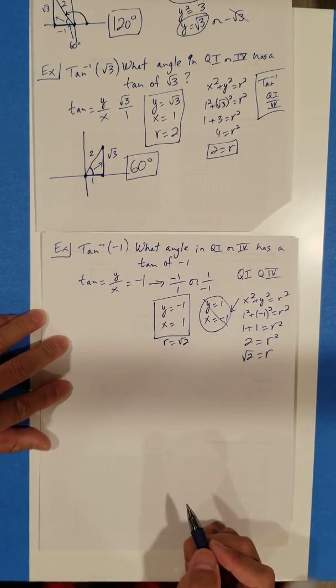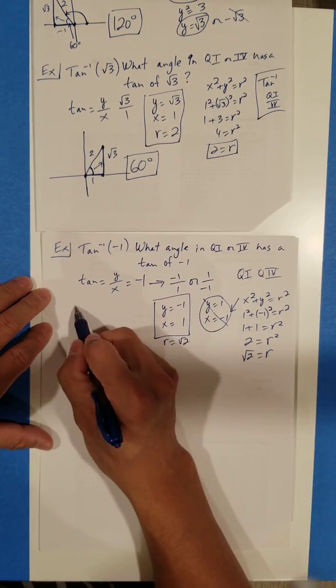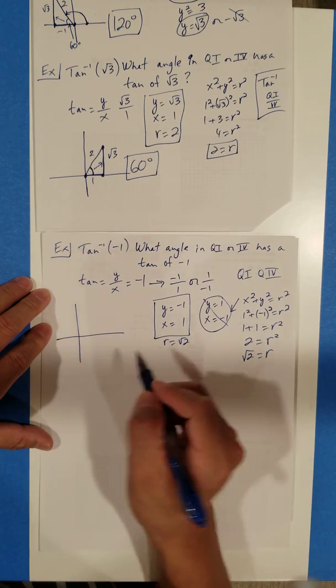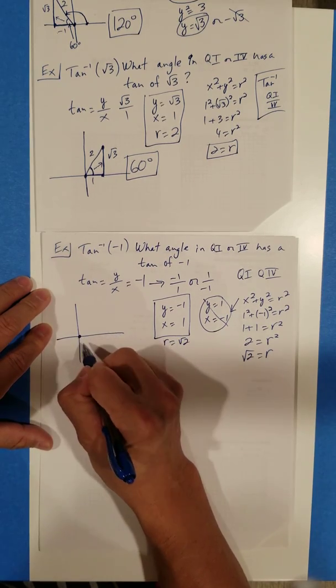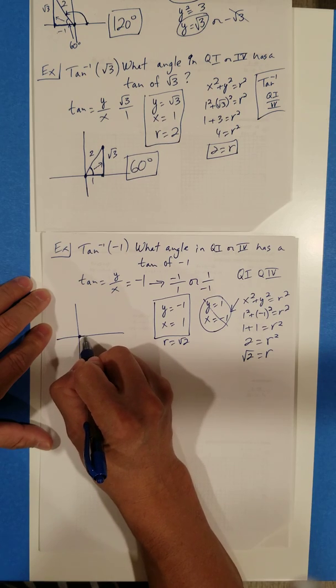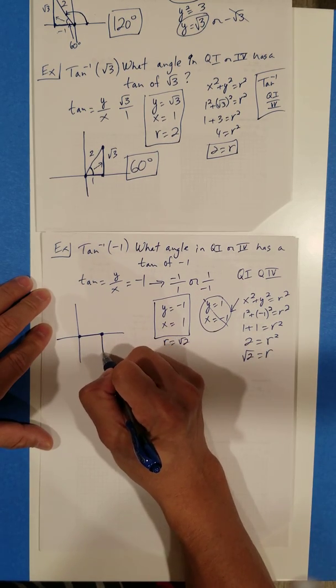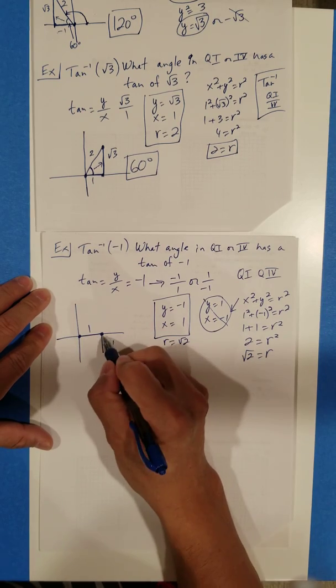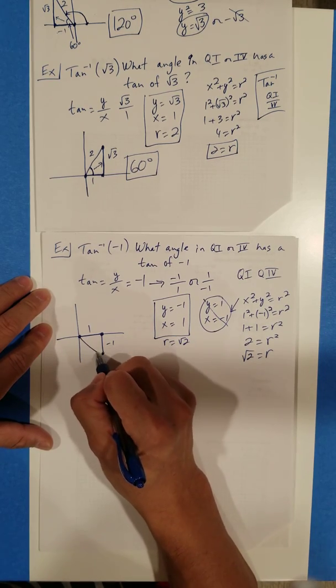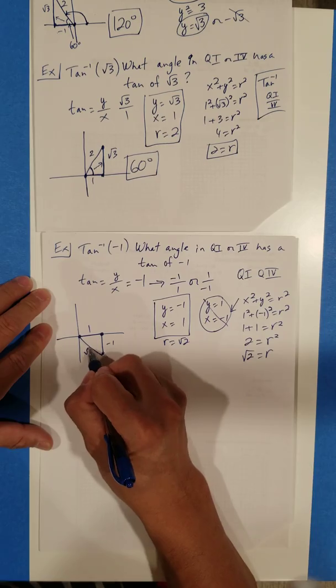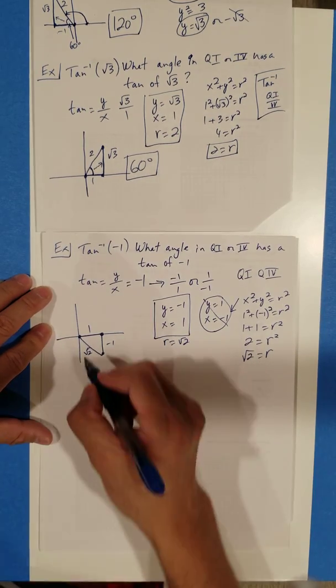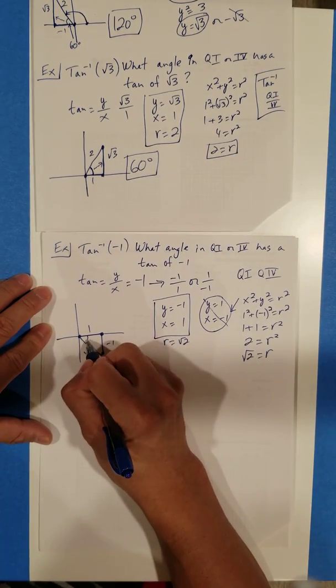We just found that. Now, we're going to draw this out. We're going to draw out x is 1. So starting in the middle, origin, we're going to go right 1. And then y is negative 1, so we're going to go down 1, and r is radical 2. Now, what angle is inside here?